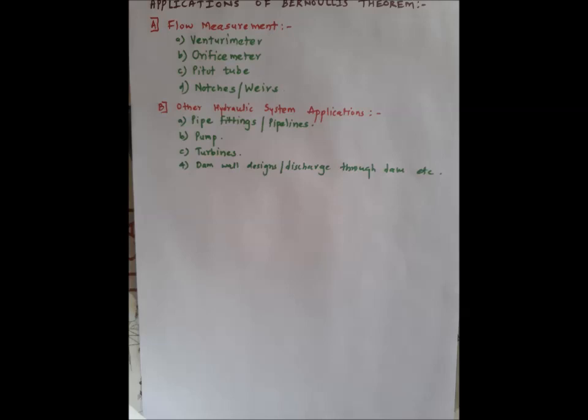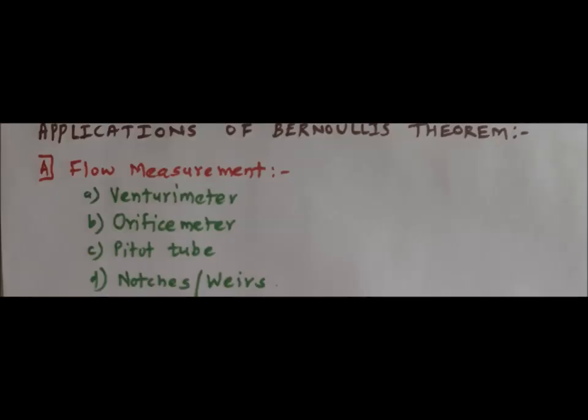Now we will see the application of Bernoulli's theorem. There are two major types of applications. One is for flow measurement, which we are going to see in this unit itself. The second one is other hydraulic system applications. The first one, flow measurement.